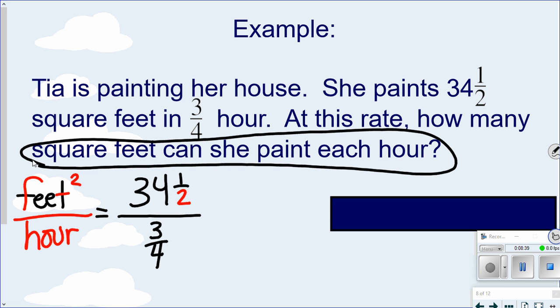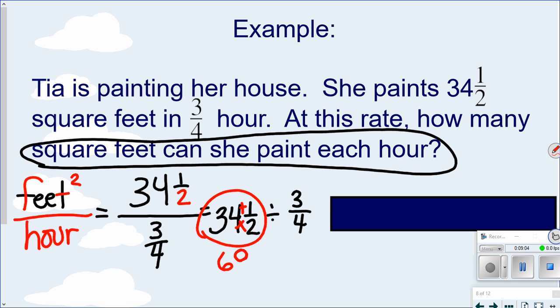I'm going to take this problem and rewrite it horizontally. 34.5 divided by 3 over 4. I want to take 34.5 and make it an improper fraction. So you need to multiply and then add. 34 times 2 plus 1 is 69 over 2. Instead of dividing, I want to change this to a multiplication problem, which means 3 over 4 needs to turn to its reciprocal.